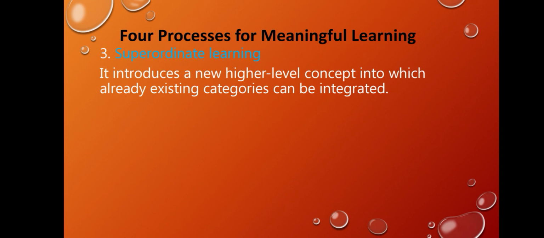The child already knew a lot of examples of the concept but did not know the concept itself until it was taught to her. This is a superordinate learning.